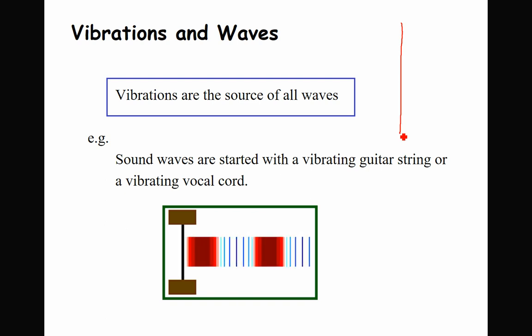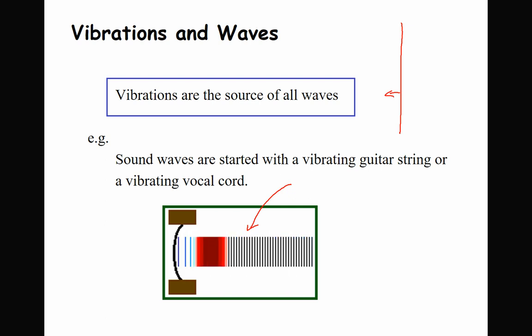What do you need to do in order to make that guitar string vibrate? Well, you need to pluck it. You make it go back, and then it'll spring back to its original place, and spring back and forth. And down here we can see it's making those waves. Those are actually compression waves, or longitudinal waves. We'll talk about those definitions a little bit later. But the string vibrating back and forth causes the air to vibrate back and forth around it, which causes our actual wave. Pretty neat, right?